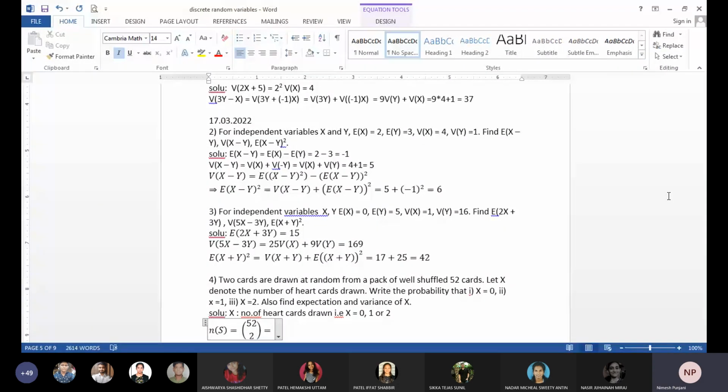So your n of S is 52C2. Find out what is the value of 52C2.